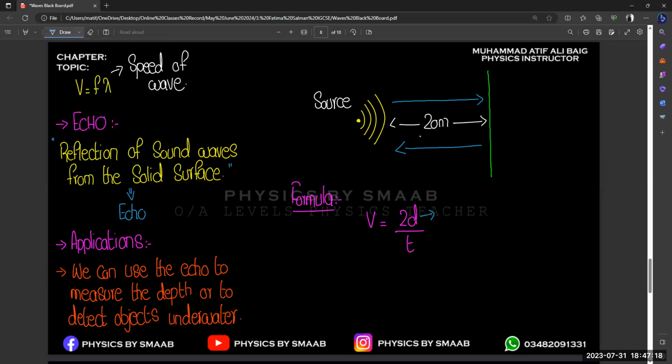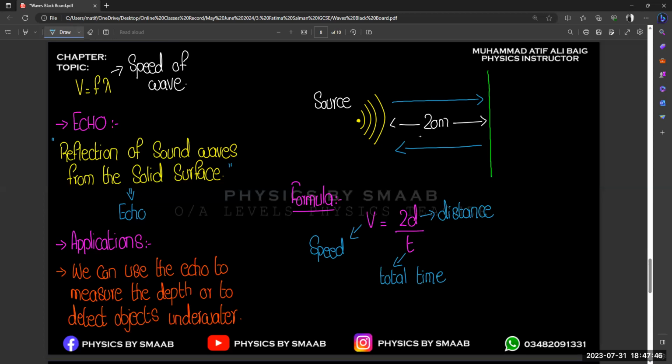D represents the distance between the source and the ball or reflecting surface. T represents the total time, and V represents the speed of sound, right? Any confusion? No. Okay.